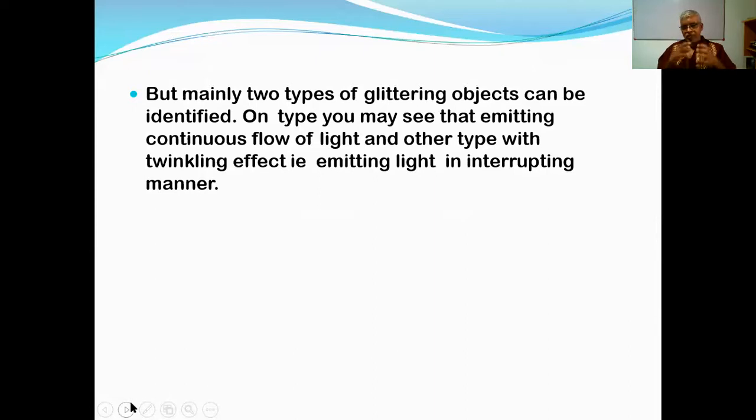When you were in nursery, you sang the song Twinkle, Twinkle, Little Star. So twinkle means this type of emitting of light with interruption, the light level going up and down. But some others emit their light, or glitter, in an uninterrupted manner. Their flow of light is uniform.